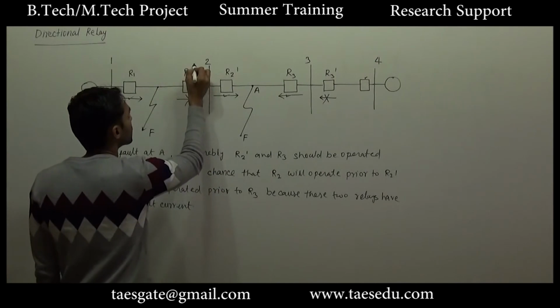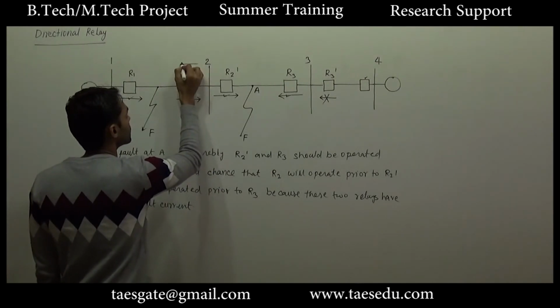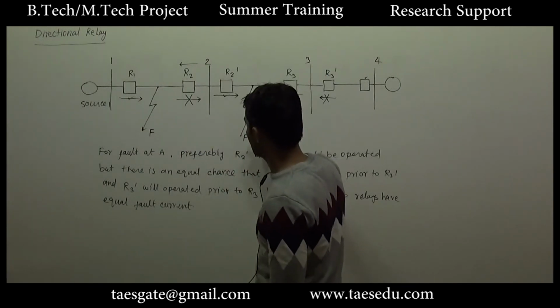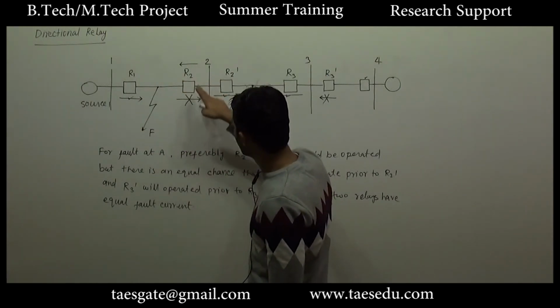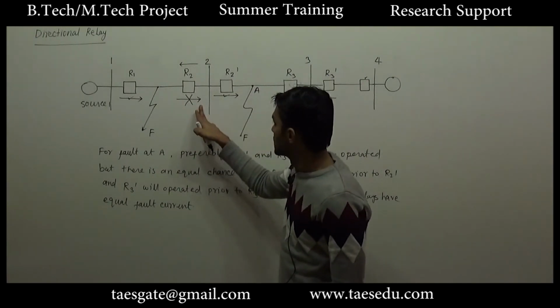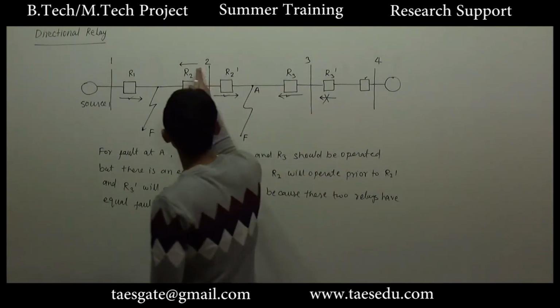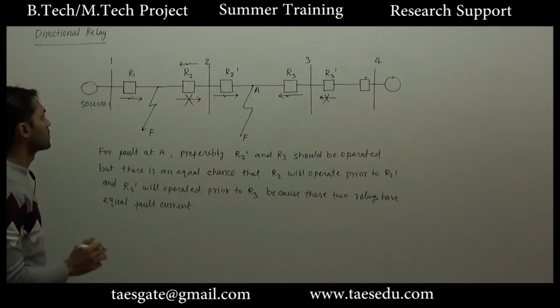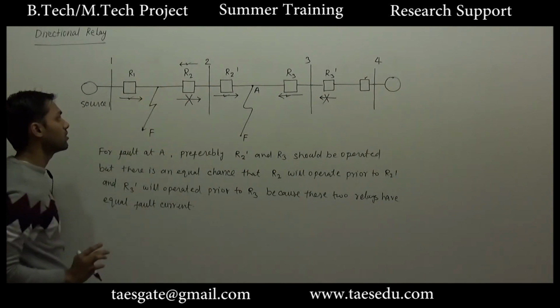The direction of current in R2 will be from right to left. The condition on R2 is that it should not operate for left to right direction of current, but it will operate for right to left direction of current. So the R2 relay will operate. So for this fault, R1 and R2 will operate.